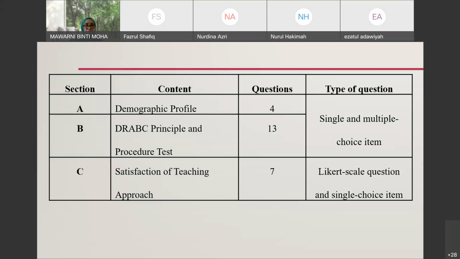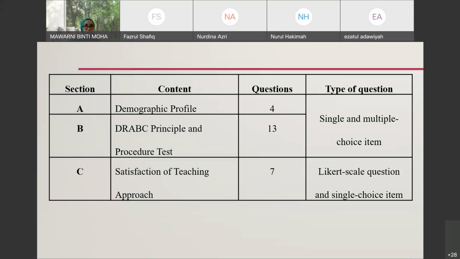Let's say, for example, section B is about the DRABC principle. DRABC is what you use when you do first aid, that is, danger, response, airway, breathing and circulation principle. Okay, in saving lives, in first aid. So the dimension of the DRABC principle consists of 13 questions, multiple choice items.